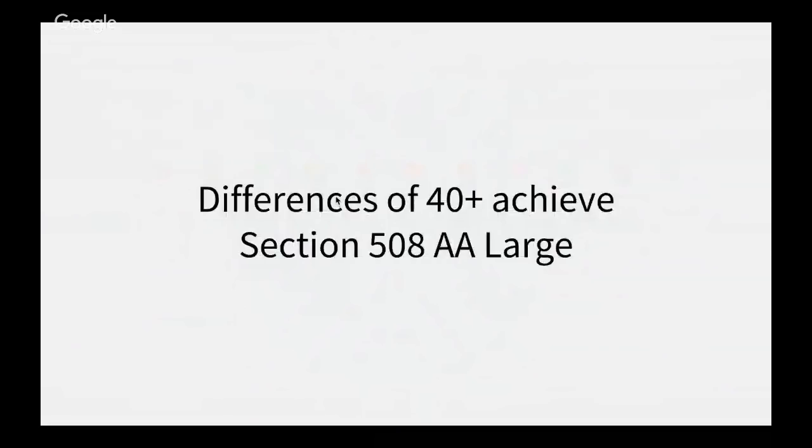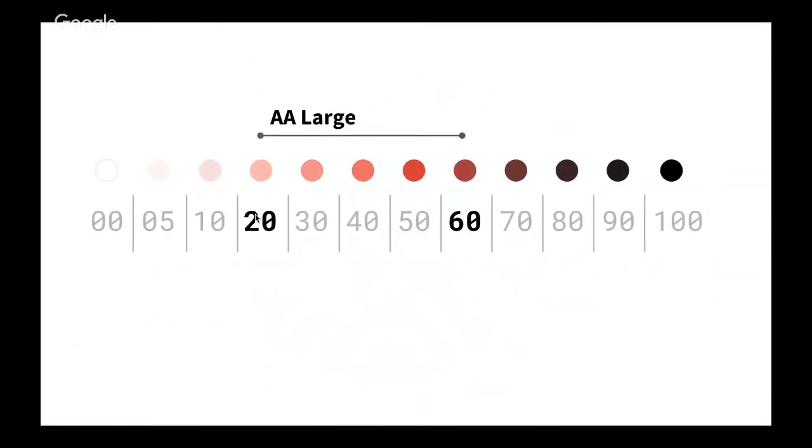So with the magic number grade system, differences in grade of 40 or more result in section 508 AA large contrast. So if you're using something like red 20 text on top of a red 60 background, that is a combination that will achieve AA large.